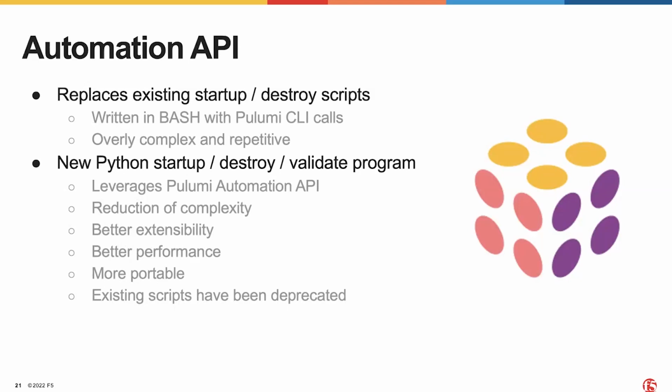A large amount of work has been done to work with the Pulumi automation API. Mara relies heavily on Pulumi for its automation, and to this point has been using bash scripts that do Pulumi calls. This is overly complex, it's overly repetitive, and it was very difficult to maintain. We have spent a lot of time and effort putting together new Python-based programs to manage deployment, to manage destruction, reduce the complexity, to be more portable.